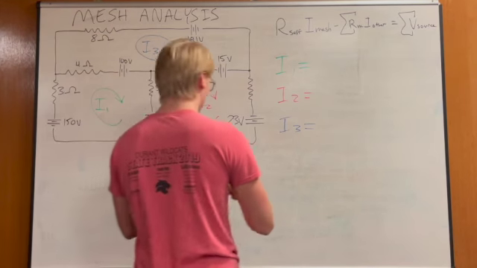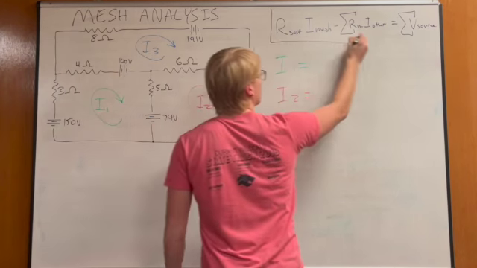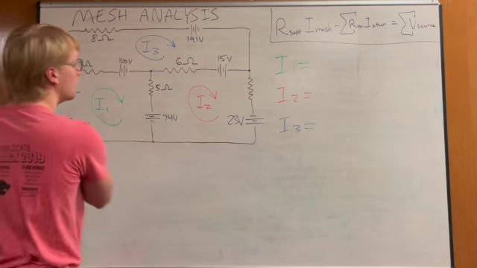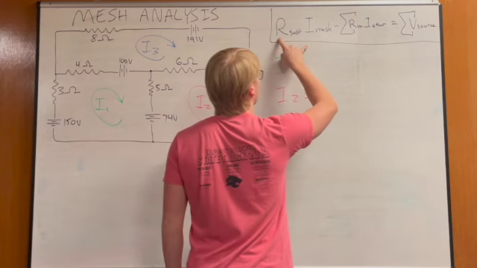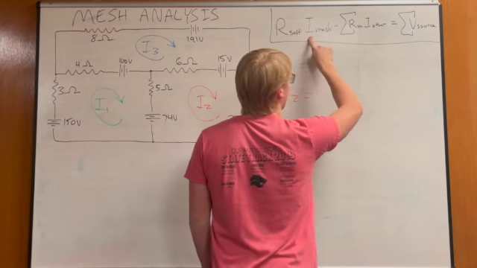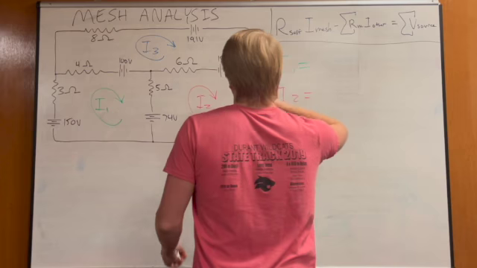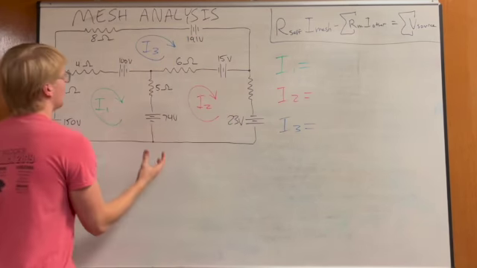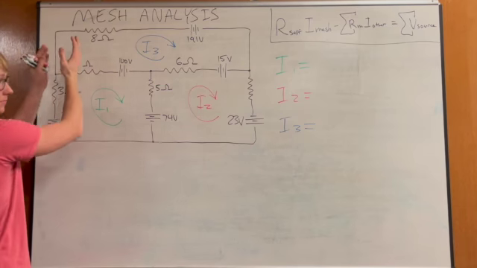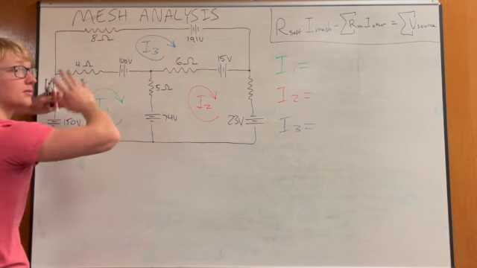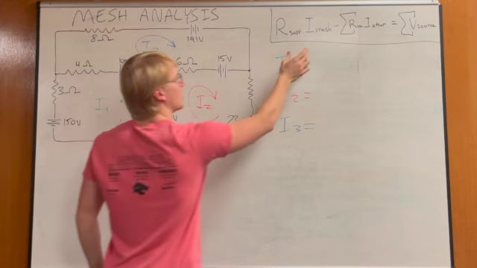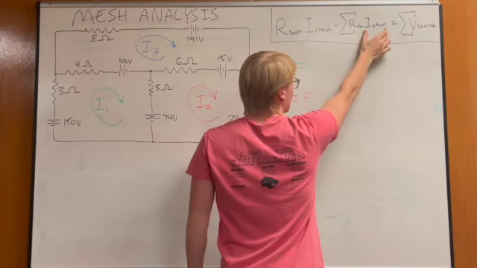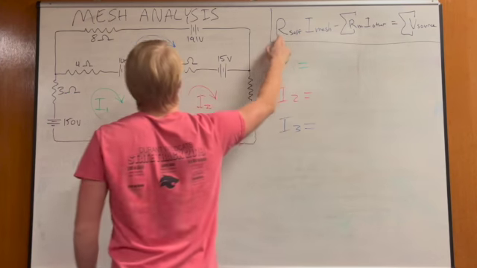And so this is the equation that we're going to be using for this video. Let me break it down for you. The self-resistance multiplied by... in nodal analysis, we analyze nodes. In mesh analysis, we analyze meshes. So instead of being nodes, these are meshes, right?